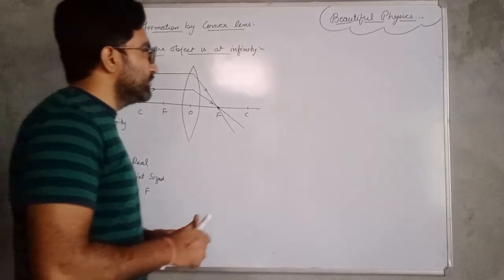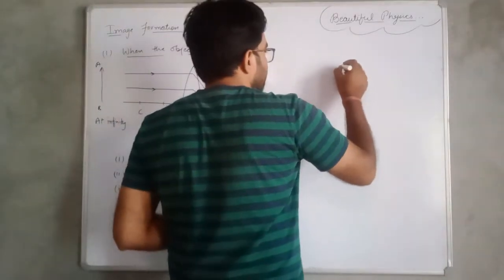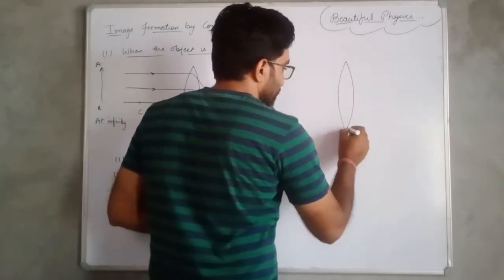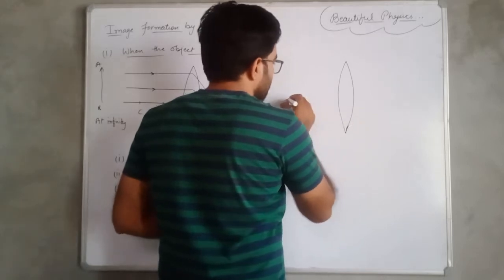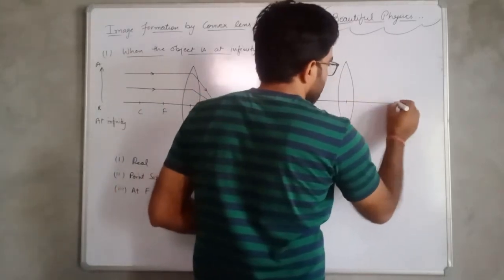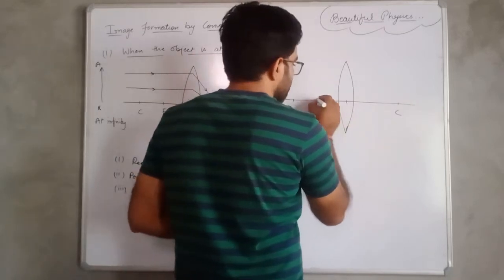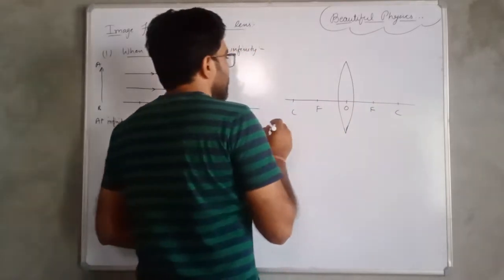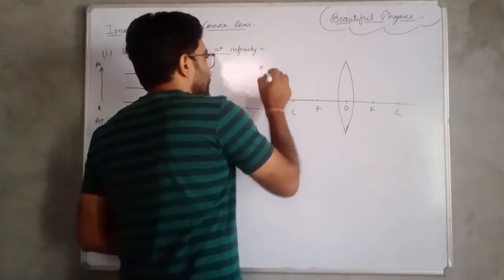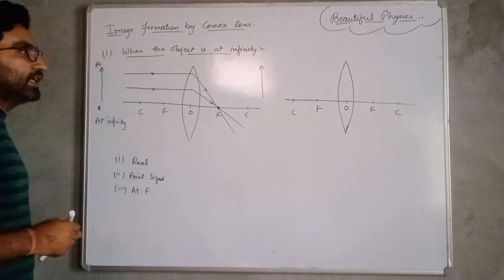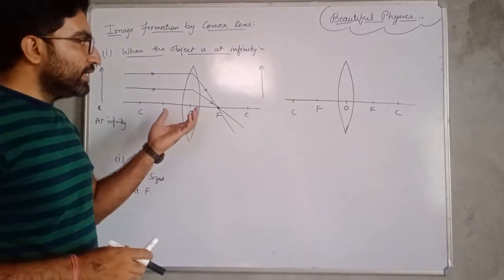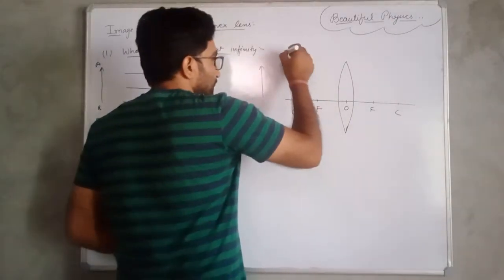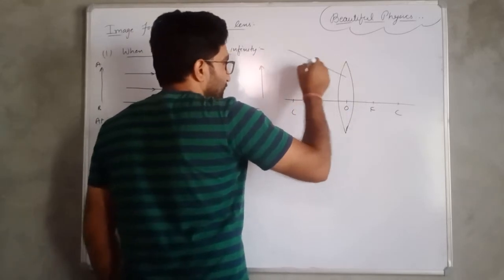For this purpose we have to draw the same diagram again, so let me draw the lens first. Again we have taken the case that the object lies at infinity, but now the rays of light are parallel, but they are not parallel to the principal axis. So I am taking the rays of light coming in this direction.